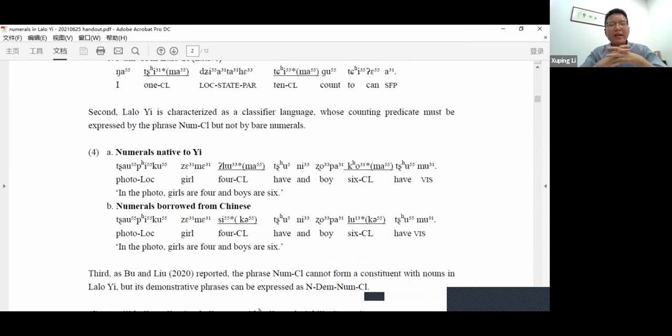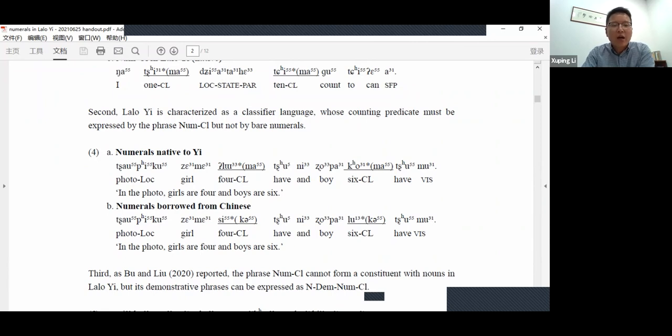Lalo Yi is a classifier language. Why is it a classifier language? Because its numerals cannot be used by themselves as a predicate. If it wants to occur in the predicate position, we can only use the numeral plus classifier form, but not bare numerals.